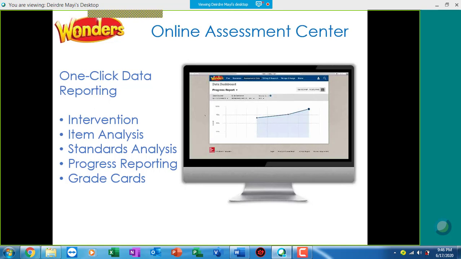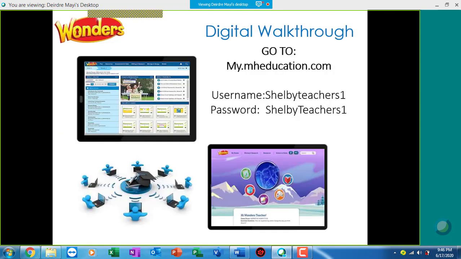All right, now with that said, I'm going to turn to the online resources. So on your screen, you will see a URL along with a username and password that you can use now to get into the digital content. SCS is going to set up your own personal login through your SCS portal.